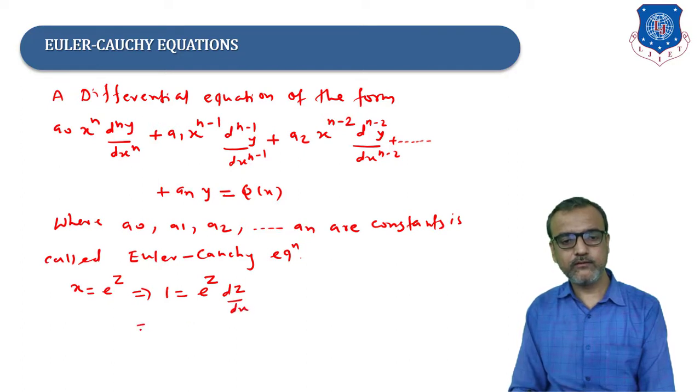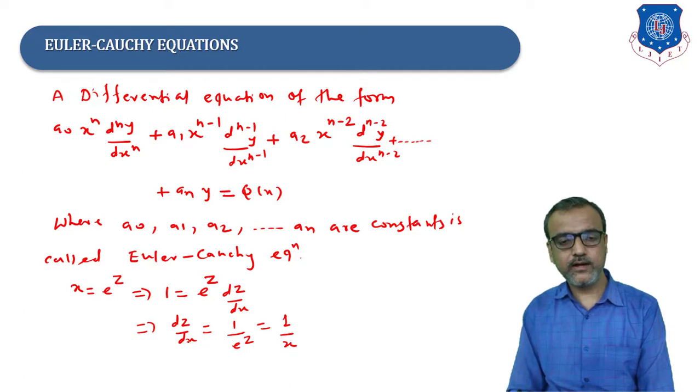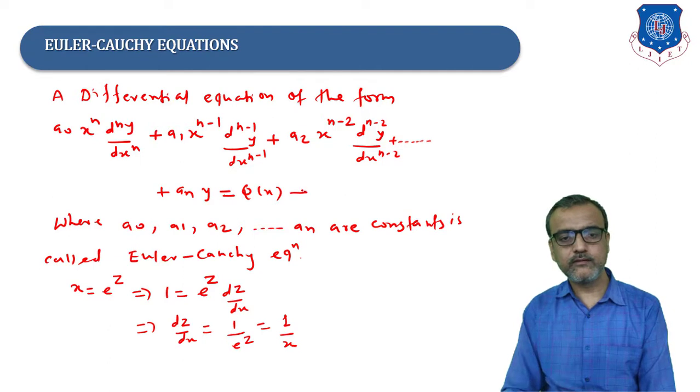So from this equation we have dz by dx equals to 1 upon e raised to z, and since e raised to z equals to x, this is equals to 1 upon x. So indirectly we have dz by dx equals to 1 upon x. So this is equation number 1.